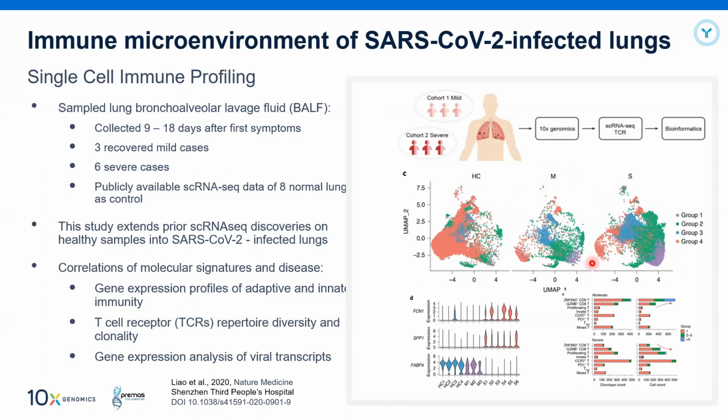Though in the mild there is also a shift, in the severe one you can see more recruitment of other cell types. So ultimately this means something is happening at the cellular level, and different cell populations are increasing in the severe patients, and that is the cause of the severity of the disease.